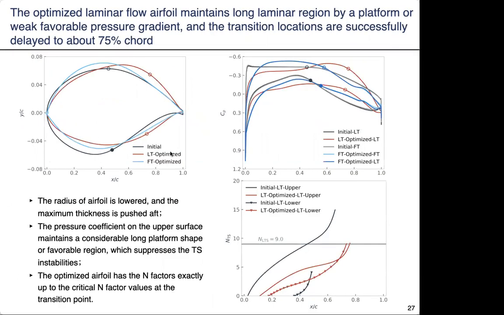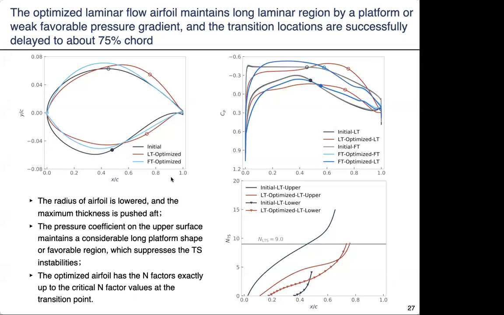We have implemented the laminar flow airfoil optimization and also the fully turbulent optimization. Firstly, I focus on the laminar flow optimization. It is the black and the red line.